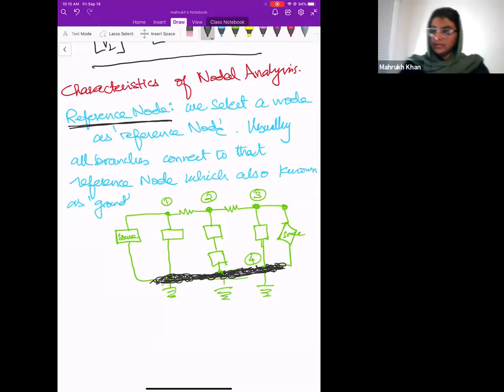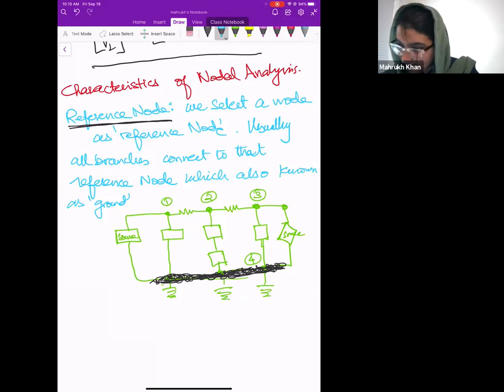So the other thing is there is one reference node. Another thing is we always keep track of the number of nodes. We said that this circuit is an n node circuit, so there are 4 nodes in it.